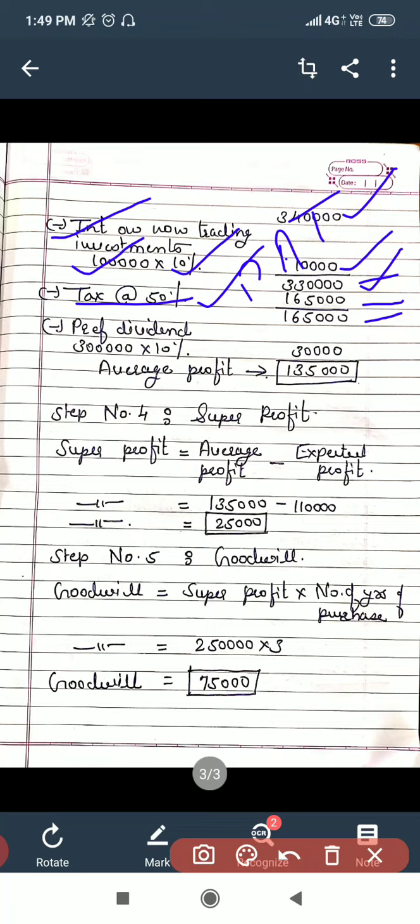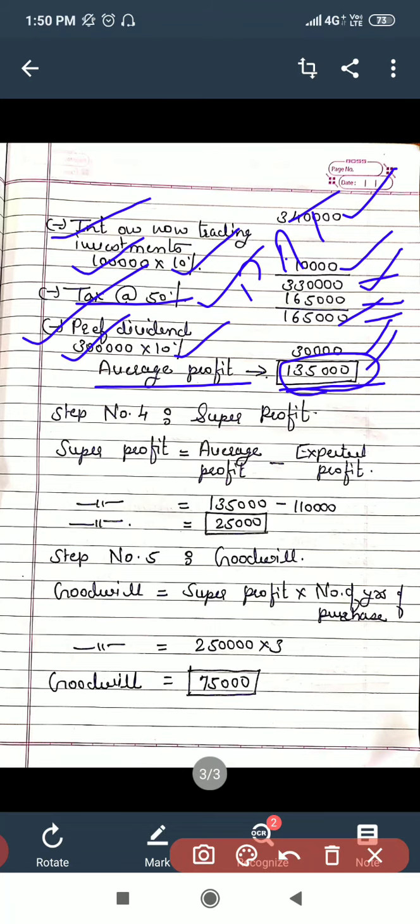Now, the next item is payment of preference dividend. You have been given the preference capital of rupees 3 lakhs in your balance sheet, and that is 10%. So, 3 lakhs into 10% preference dividend. How much do you have to pay as preference dividend? Rupees 30,000. So, 1,65,000 minus 30,000, you are now with your average profit of rupees 1,35,000.